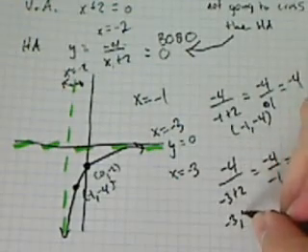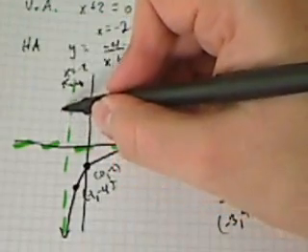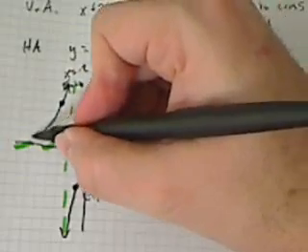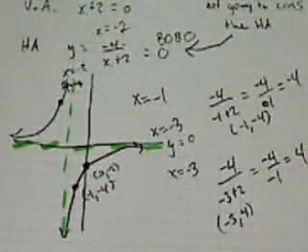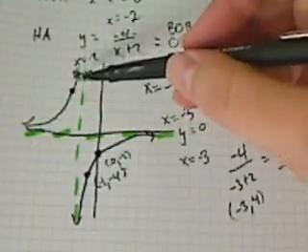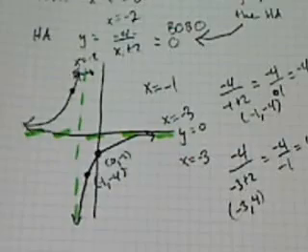So we have the coordinate (negative 3, positive 4). We're going to see that it's going to go up as we get closer to the asymptote from the left side, and it's going to even off with our horizontal asymptote as we get farther to the left.